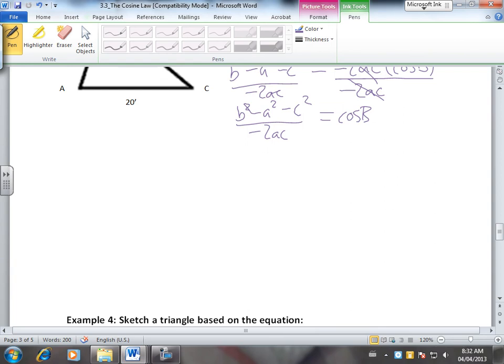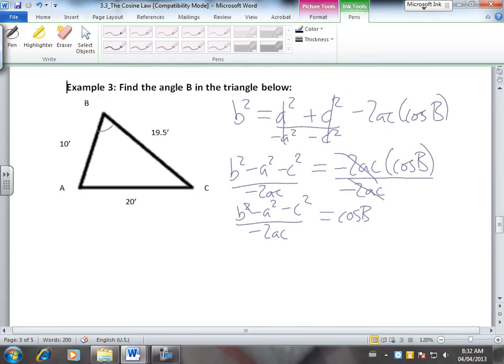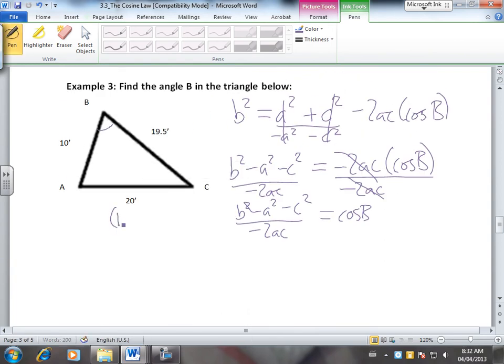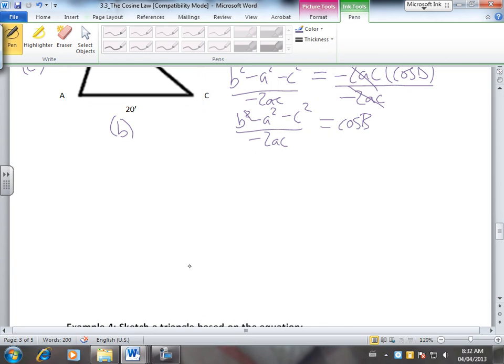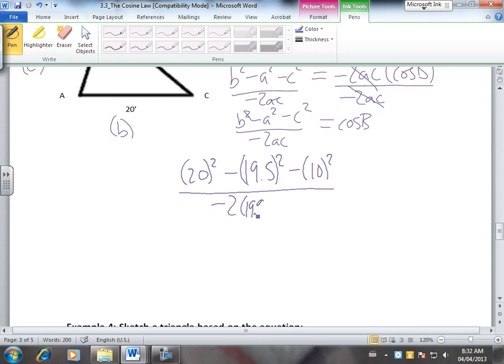So my b squared, again, if I look back at my triangle here, here's side b, side a, and side c. So I go 20 squared minus 19.5 squared minus 10 squared over negative 2 times 19.5 times 10 equals cos b.